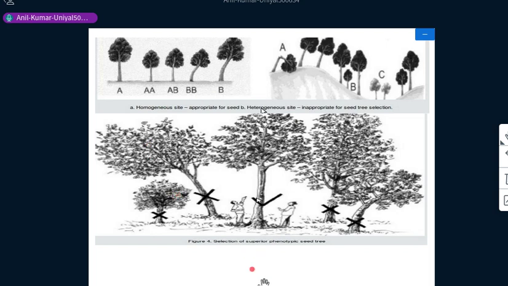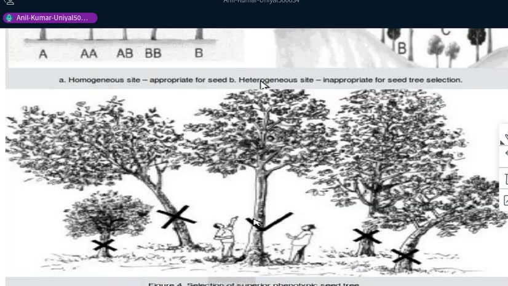On the other hand, if we find the trees on plain ground, as we have seen how the desired trees are selected, almost all trees are of the same age, but this one is again of a different form.